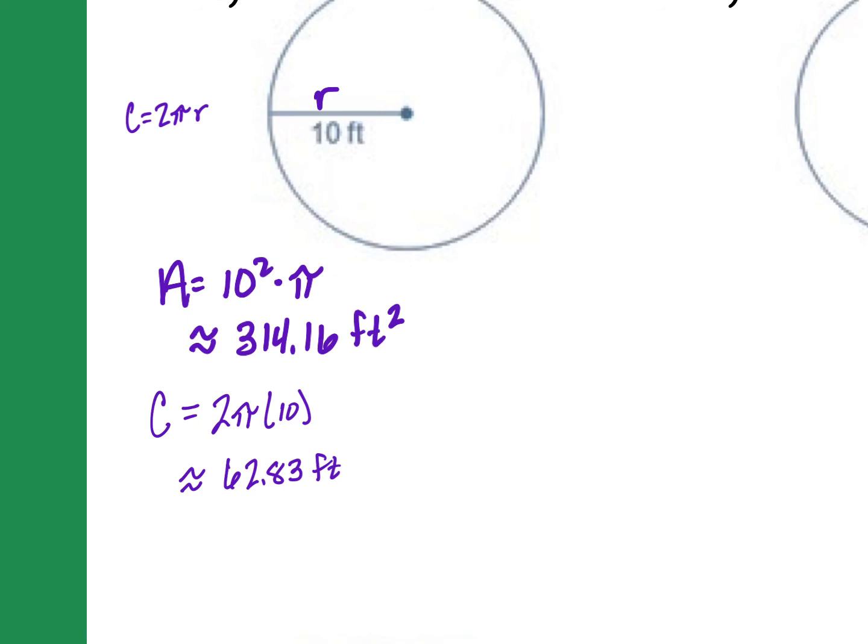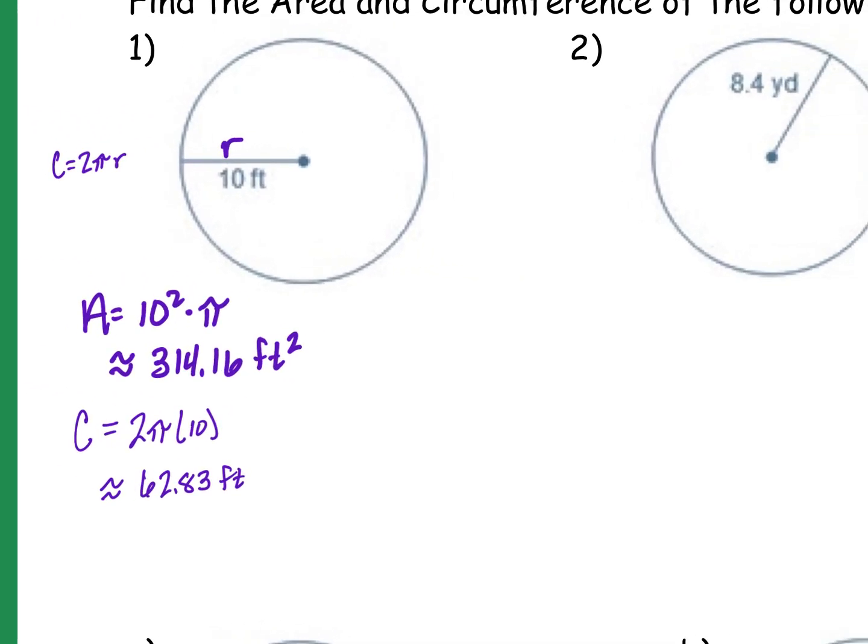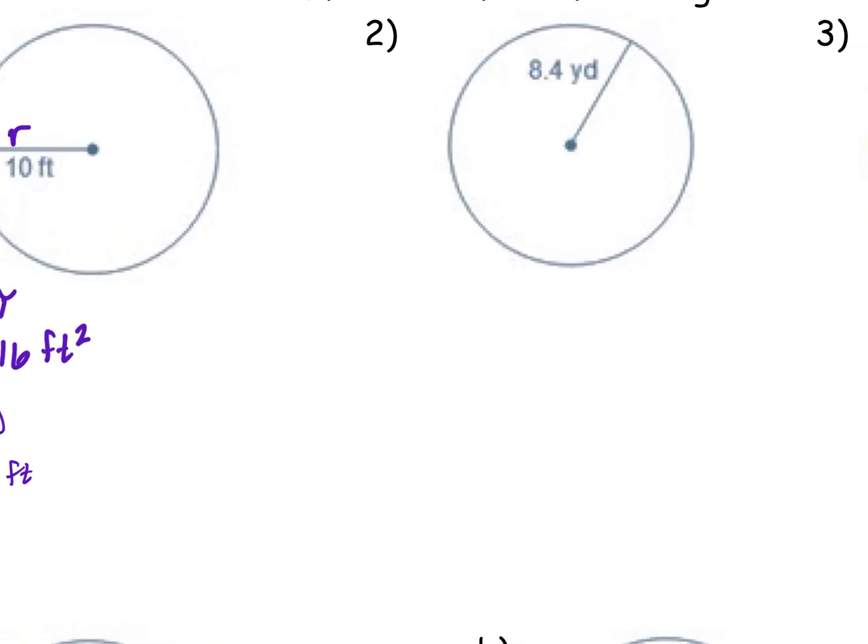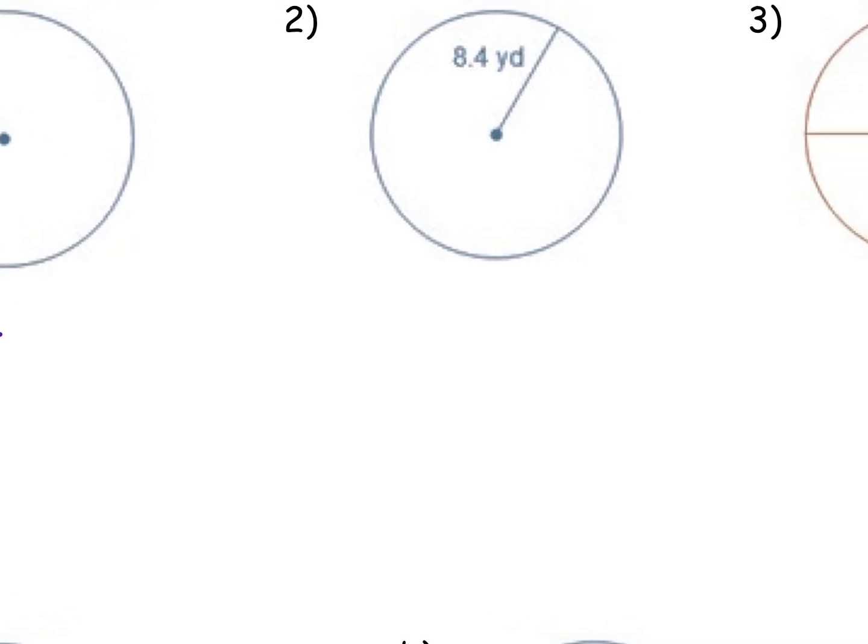Okay, so now we're going to go to the next circle. We're doing exactly the same thing for all of these circles. I know my radius, this is a radius that they've given me. So my area is going to equal, remember area equals pi r squared, and circumference equals 2 pi r.